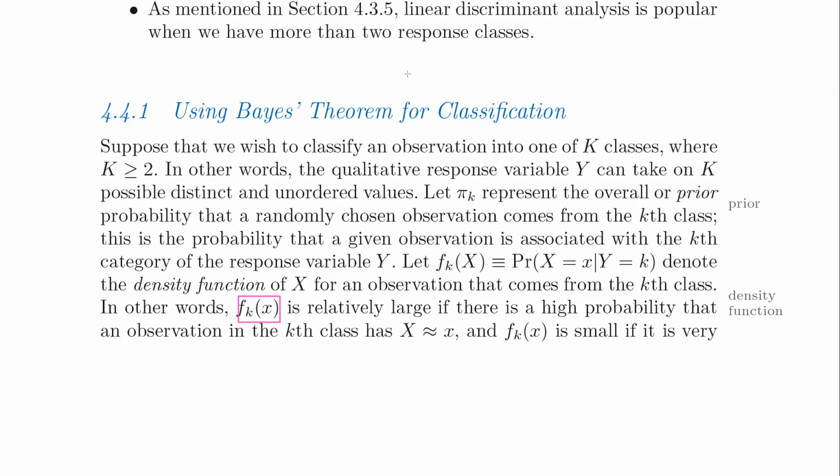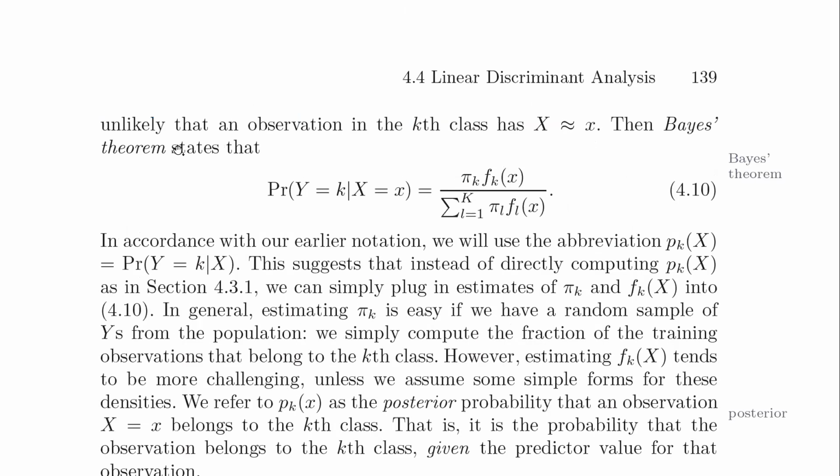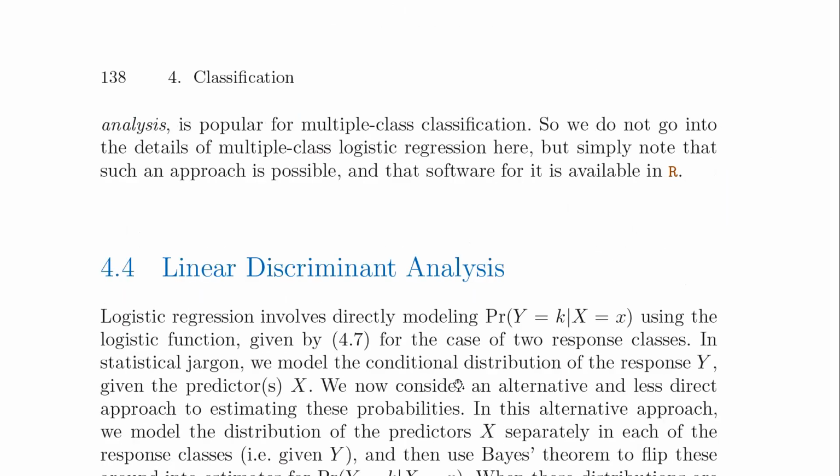I'm sure things are going to be easier with an example, but if there's a high probability that an observation in the kth class has X roughly equal to x, and f k of x is small, it is very unlikely that an observation in the kth class has X roughly equal to x.